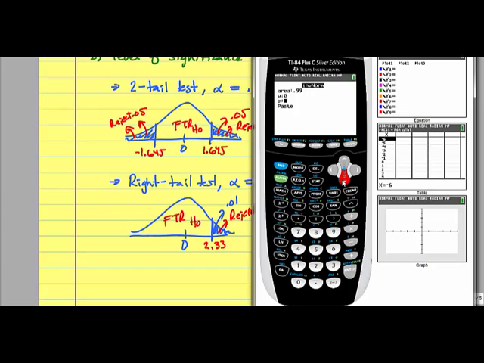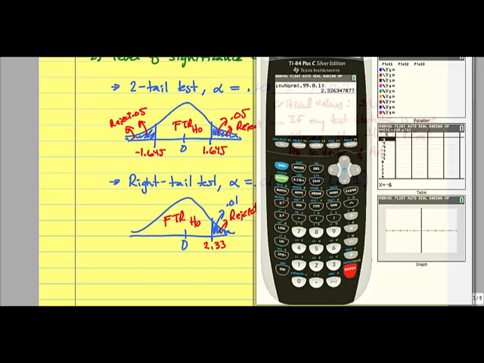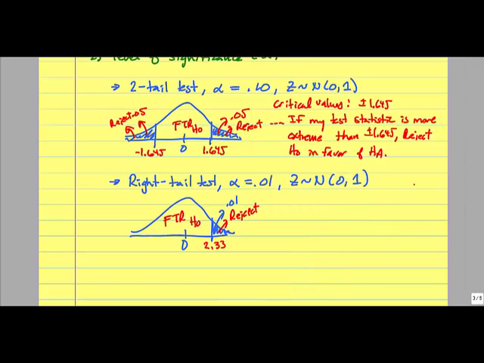My mean is 0 and my standard deviation is 1. You can see we get 2.33 if we round to 2 places. My critical value is then 2.33, and I only have one because I only have one tail.